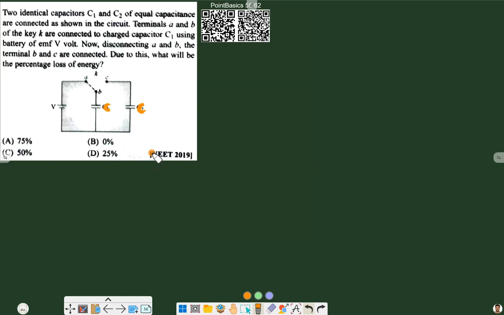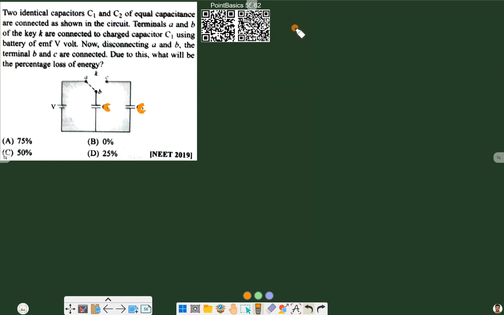So what we will do, we will find initial energy and final energy, and then we will compare both of these. So initially our system is like this, that this capacitance is connected to a battery, and suppose it is connected for some good amount of time so that it is properly charged, and after that it is disconnected and connected to a second capacitor, second identical capacitor.